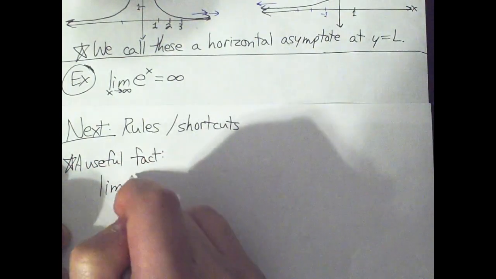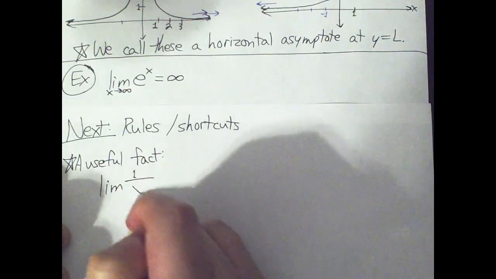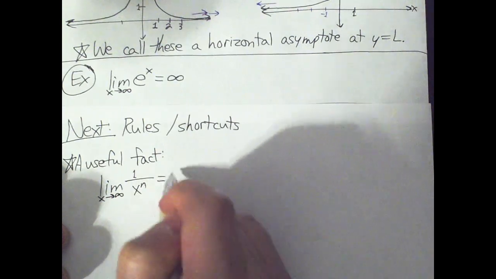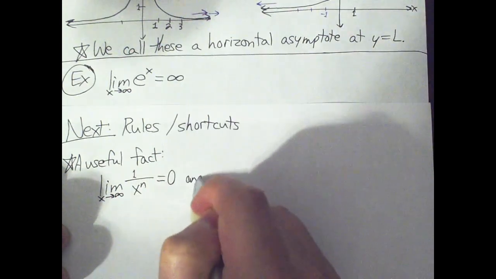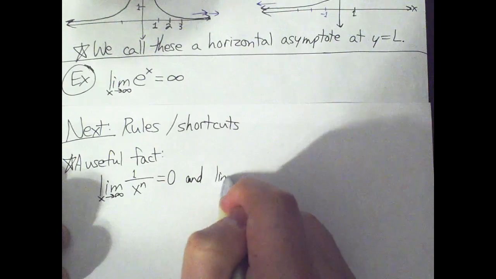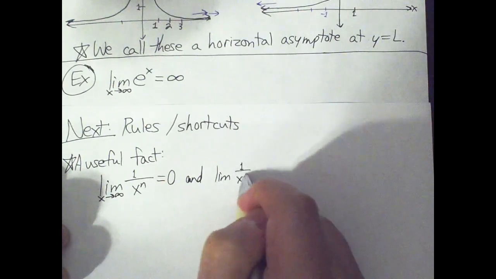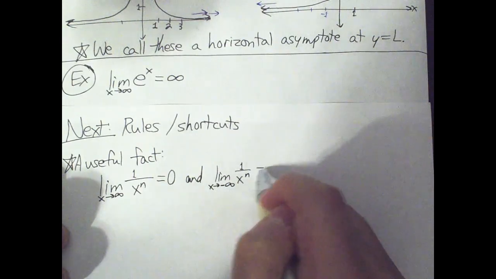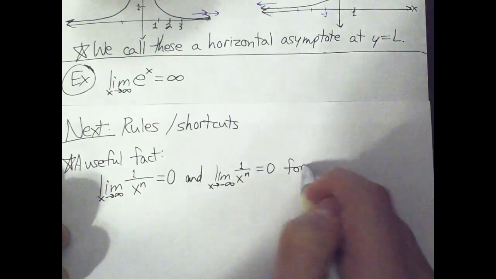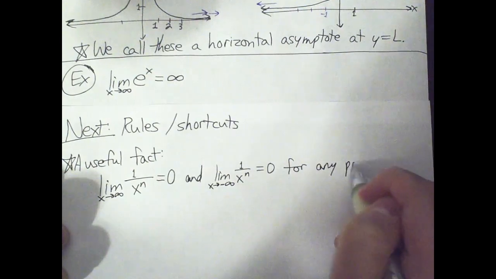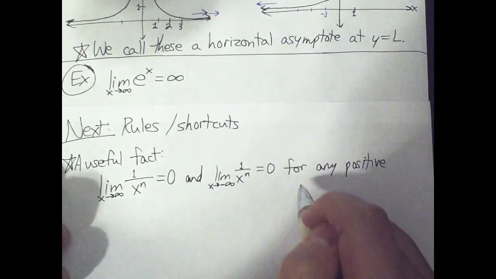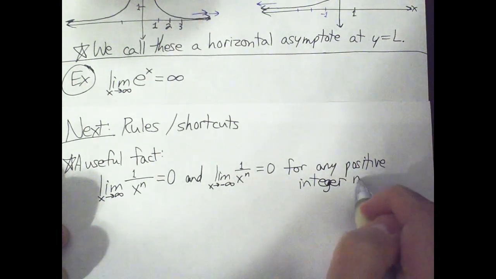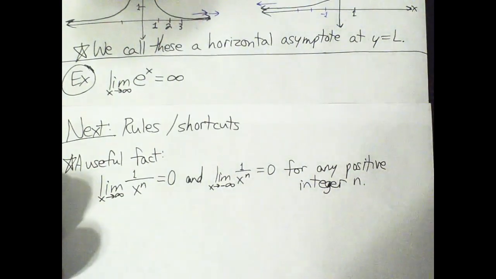And that is that the limit of 1 over x to the n as x goes to infinity always equals 0, and the limit of 1 over x to the n as x goes to negative infinity always equals 0 for any positive integer n. So we saw this happen earlier when n was 2.